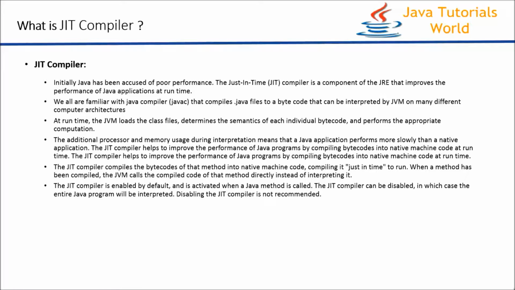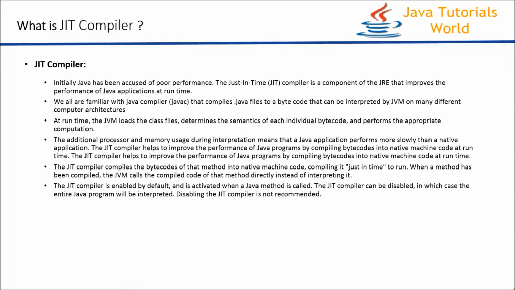In general, this .java file is converted to a .class file and this .class file is compiled and interpreted by JVM. Don't be confused. I'm using this word compiles because this bytecode is converted into machine understandable language. So it definitely takes more resources. So to improve the performance, JIT compiler was introduced.